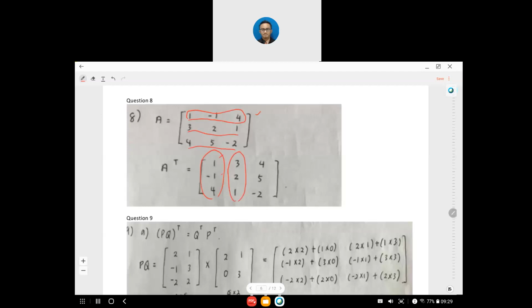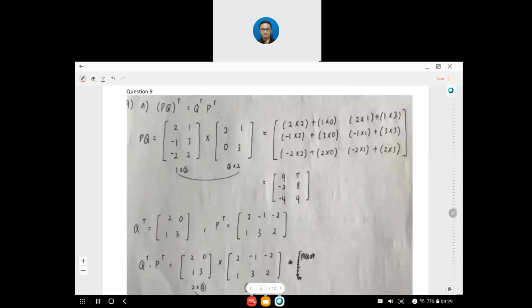And then the last row becomes the last column. Okay, if you can see, the diagonal does not change. Okay, diagonal dia tak changes. That one is for transpose. So this one is the final answer for transpose. Okay, question 9.